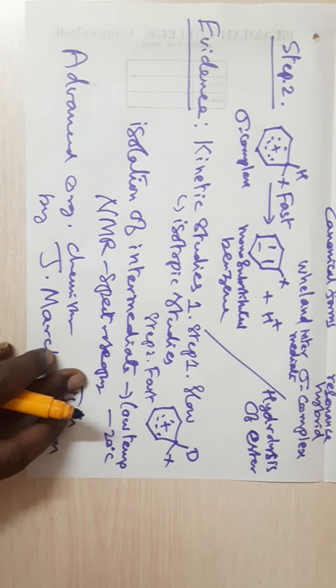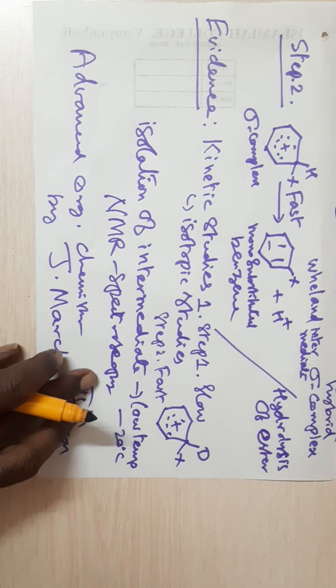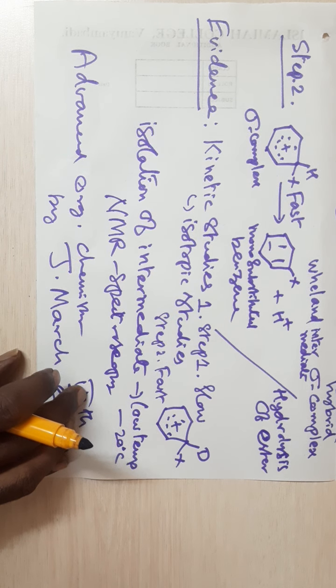The evidence for this general mechanism is the kinetic isotopic studies. From these, it is confirmed that the first step is the slow step and the second one is the fast step. Even if you change the hydrogens to deuterium, there is no change in the rate of the reaction in the second step.